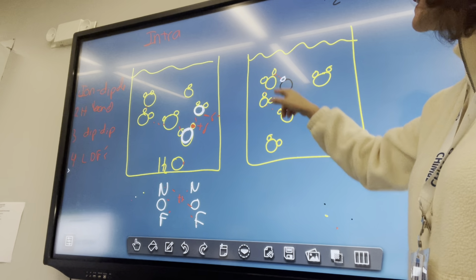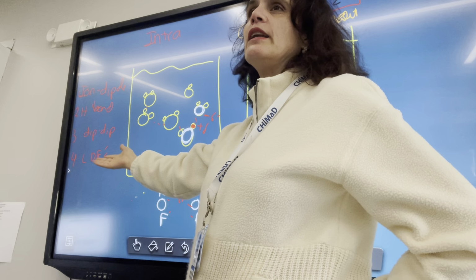Covalent. 100% covalent, right? Carbon hydrogen is always 100% covalent. So this is all carbon hydrogens. How can they bond to others? With London dispersion forces, very weak, right?